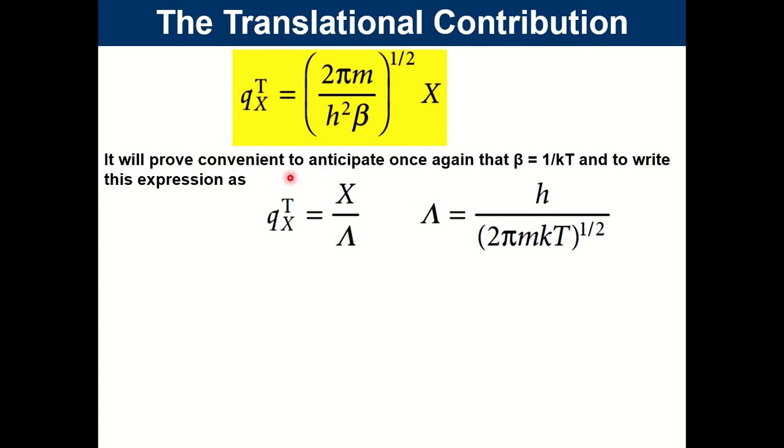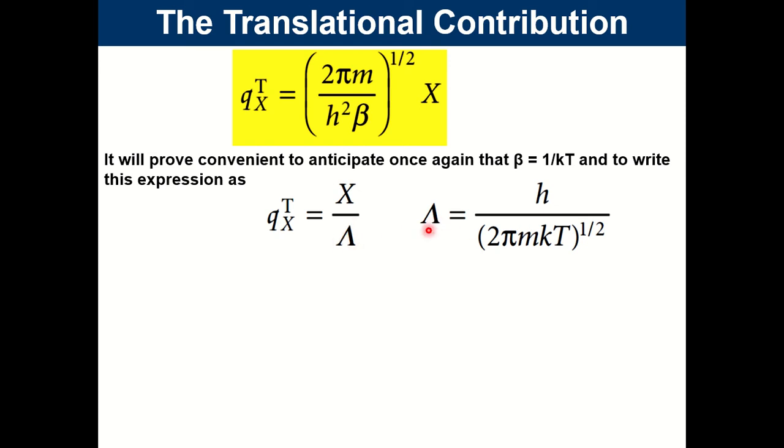But here there is an important point that I would like to highlight. We are further trying to simplify this expression. We have x, and this whole term actually has the dimensions of a length, because the partition function is a dimensionless quantity. So x by lambda, where lambda is replaced by a term which we call capital lambda.